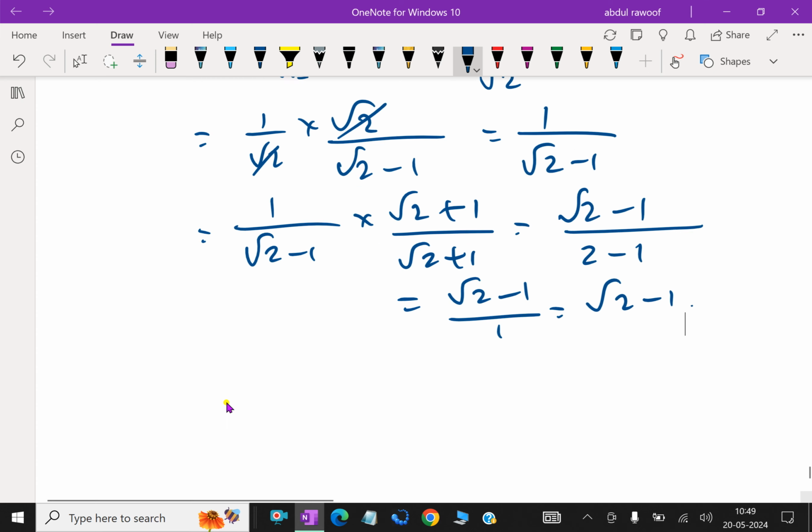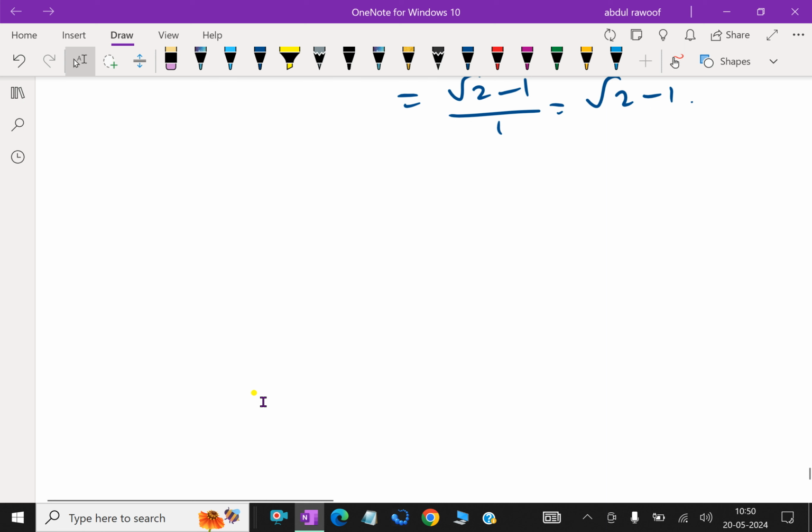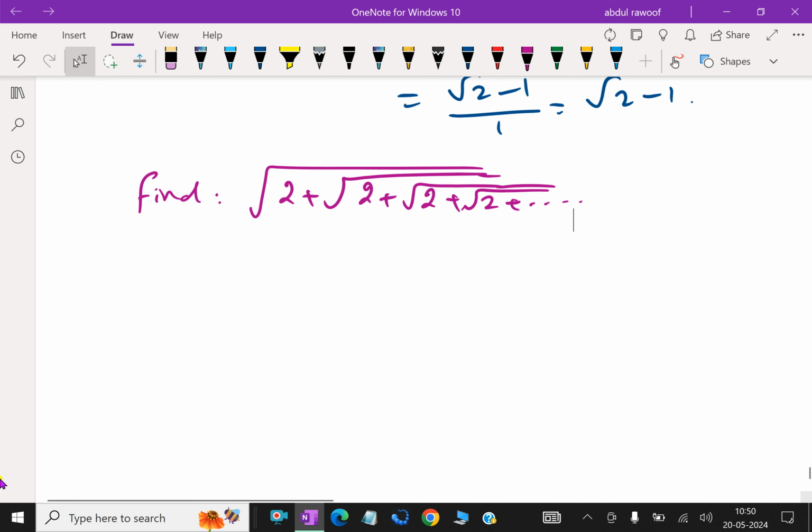One more problem. Look at here. Find the value of the continued square root: square root of 2 plus square root of 2 plus square root of 2 and so on. It is continuous, that means a continued square root.